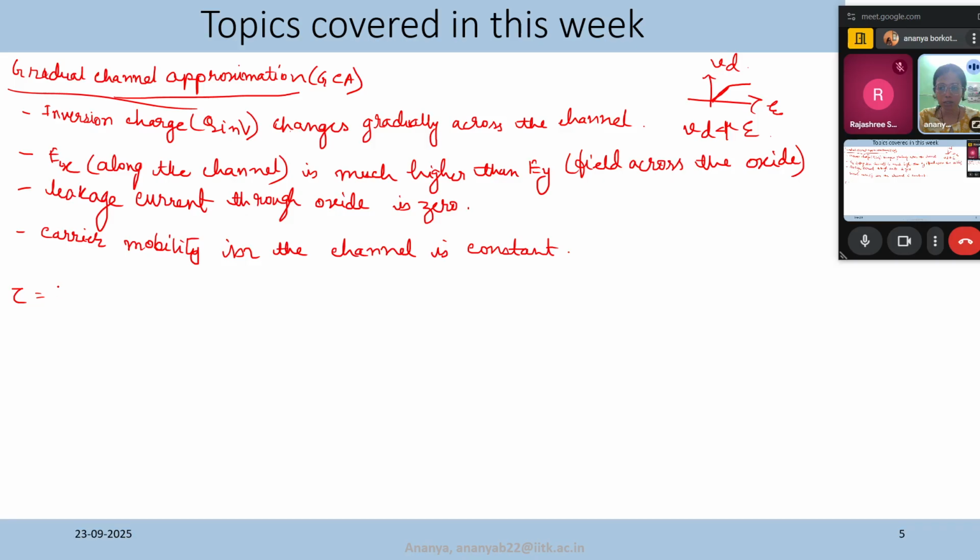So tau is equal to L by V. The time is equal to distance by velocity, right? This is the normal expression. That's how the electrons also behave. This is L divided by mu into dVx by dx.